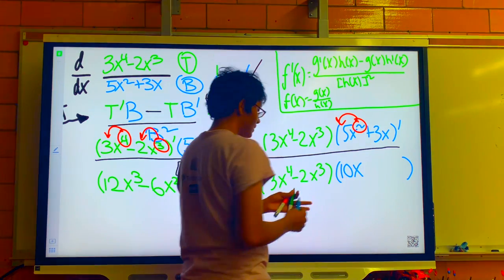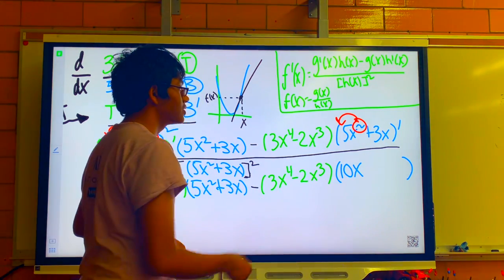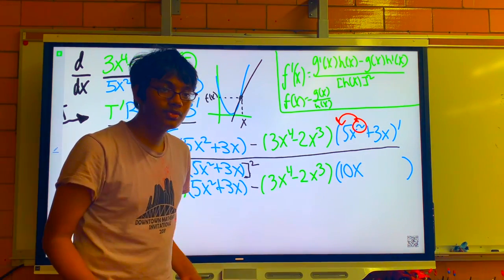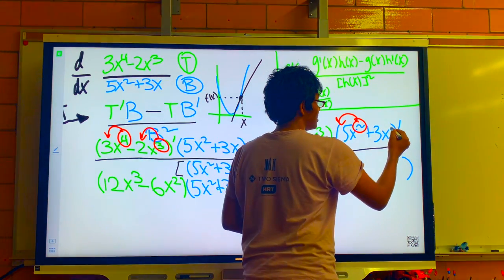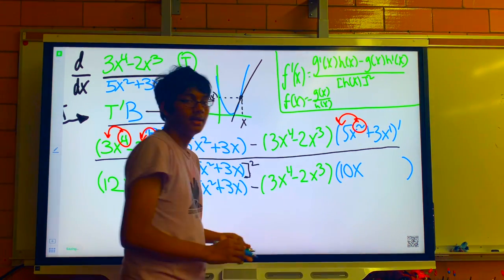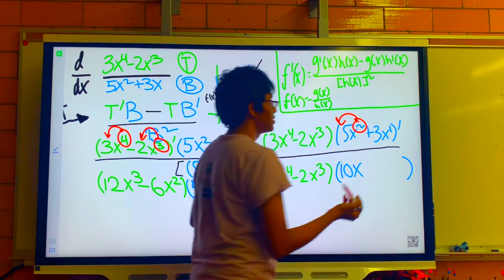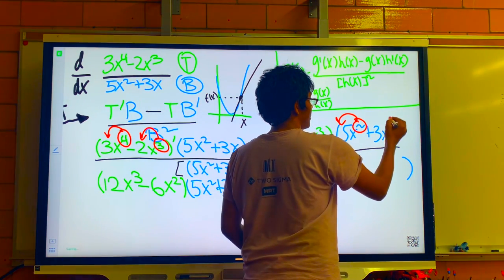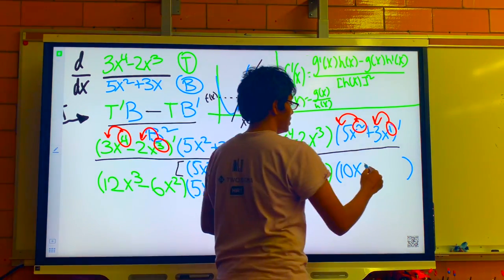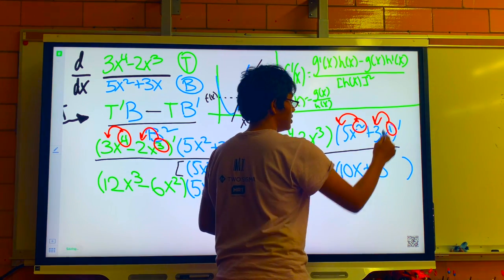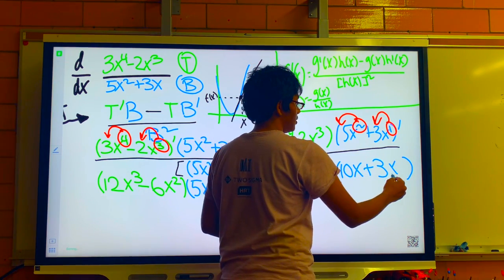And here, this is a special case, you might get confused. I have 3x. How am I going to use any power rule? Well, remember that there's actually an invisible 1 as your exponent right there. So take this 1, multiply it with your coefficient of 3. 3 times 1 is simply 3. And reduce your exponent of 1 by 1.